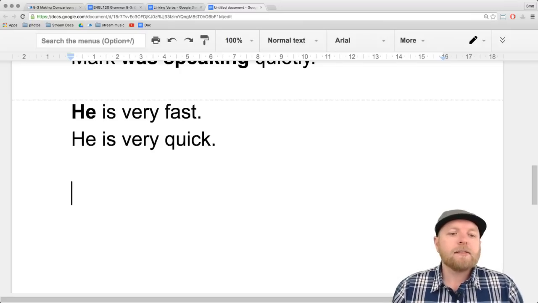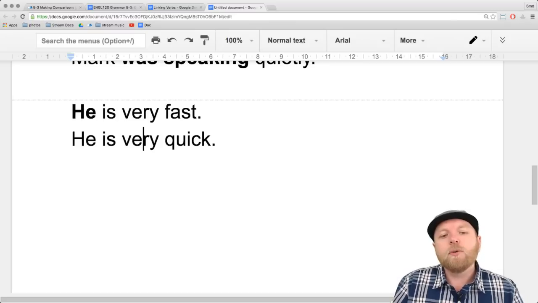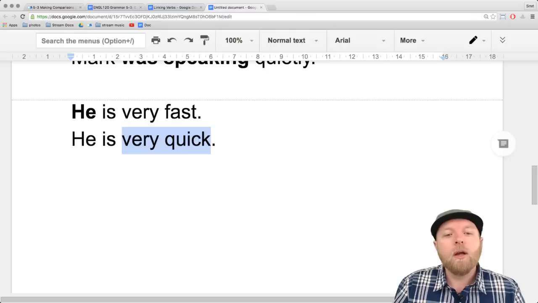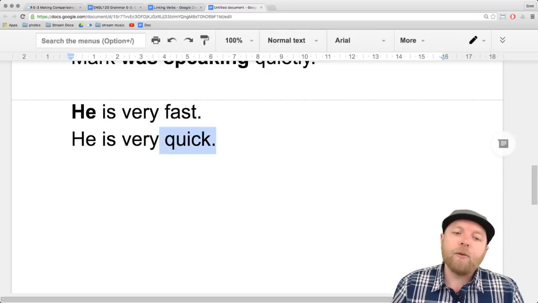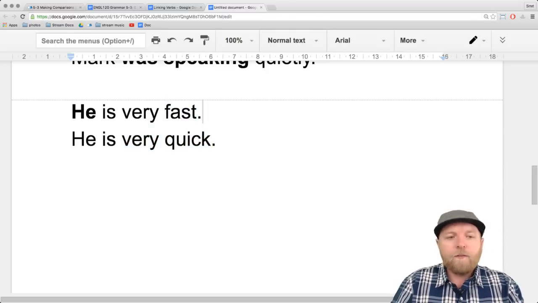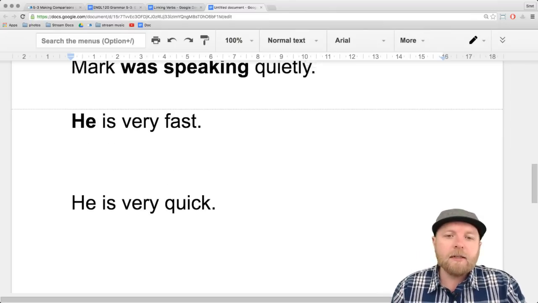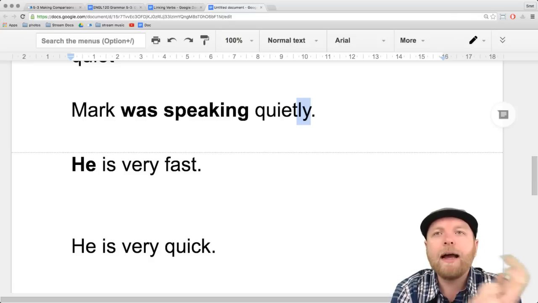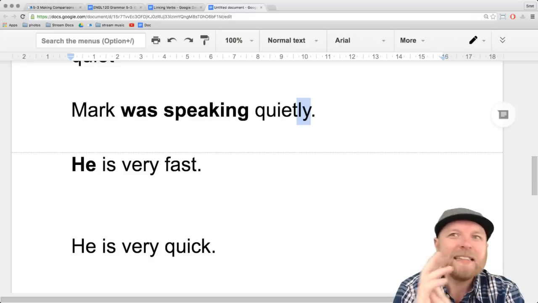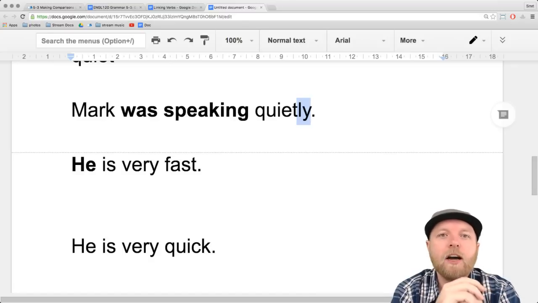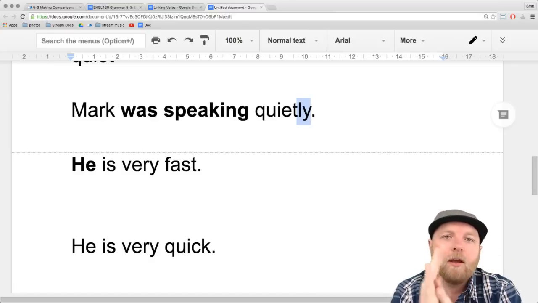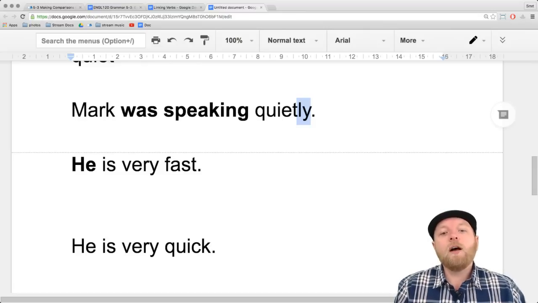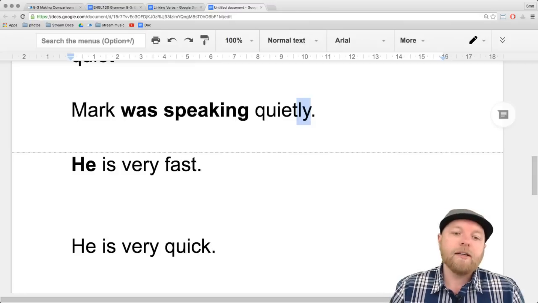Right? Let's change. What does he do quickly? I'm using quick now because of fast. Remember, I said we can add ly to an adjective about 90% or 95% of the time. We have some adjectives that we don't add ly to.